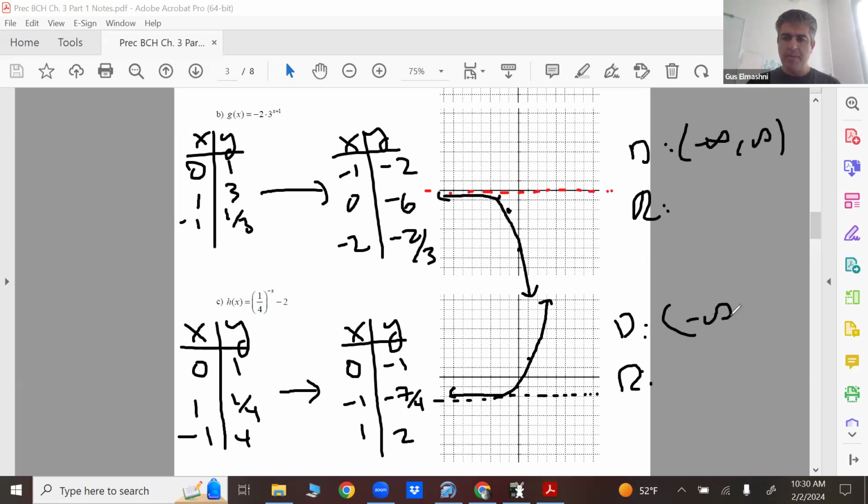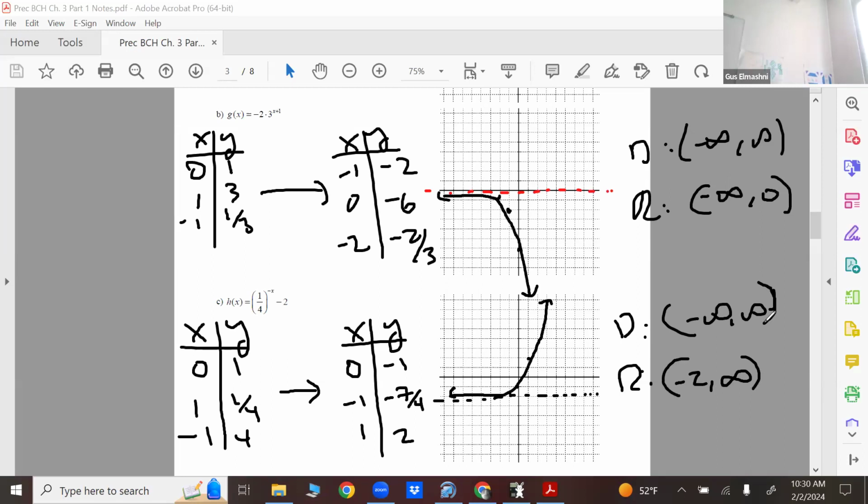Oh, it's negative. All right, let me unfreeze my screen. There we go.